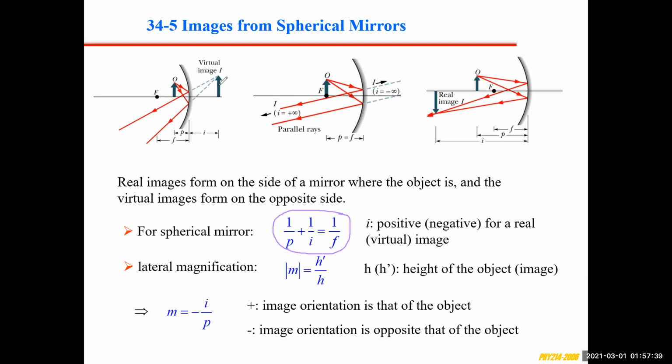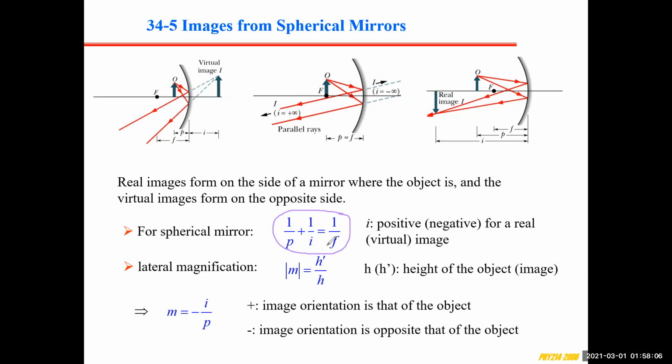Now, if you place the object directly at the focal point, this is the incident light ray reflected, and you'll find that these two are parallel to each other. When they're parallel, you'll find that the image cannot be found, because it will be at infinity.